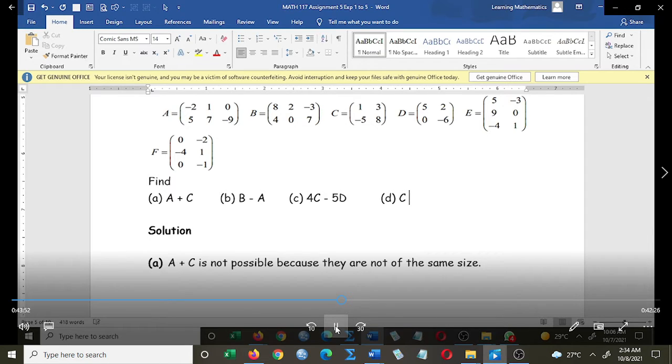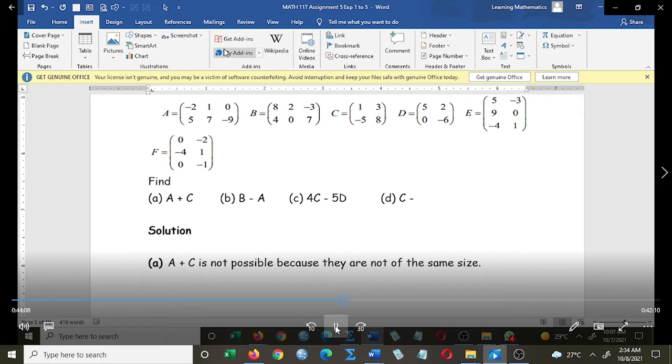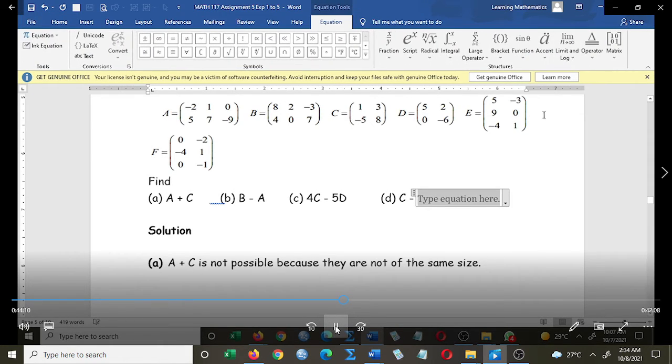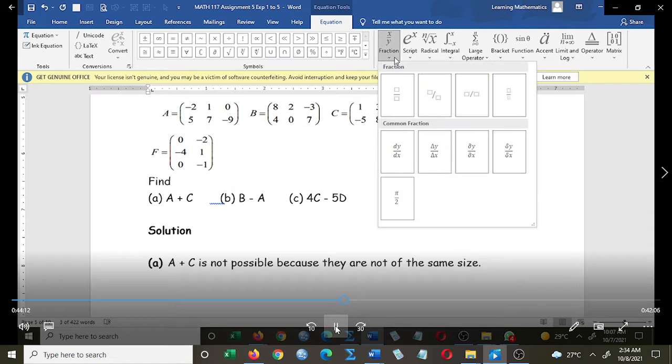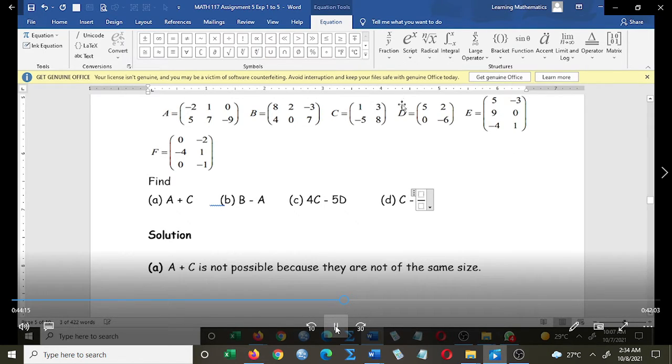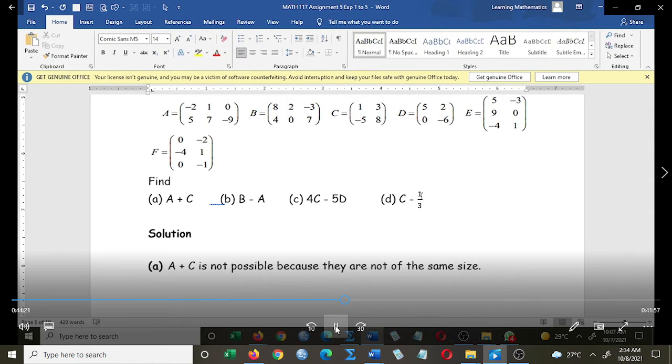Another fraction. We have a 2, we have a 6, we have a 0. We can use a third, I guess. So let's go into our insert equation. I just want a fraction, up and down. 1/3. C minus a third D.